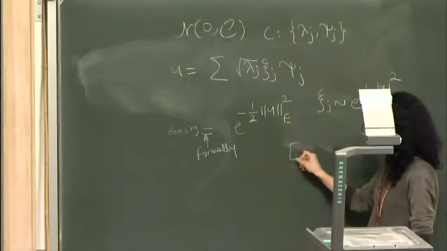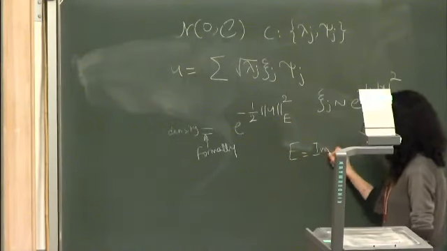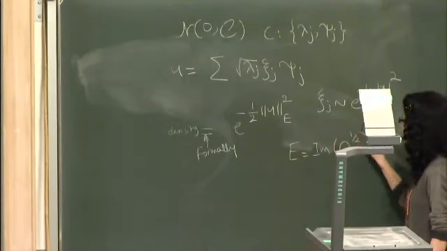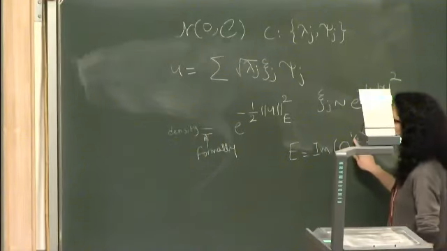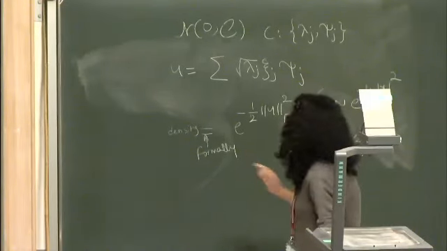And the Cameron-Martin space is just the image of C to the power of half.